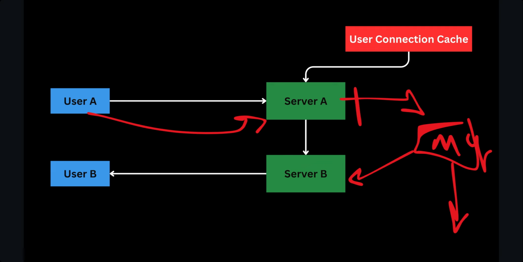If user B is offline, server A will not receive an acknowledgement of delivery, so the message will remain in the sent status for user A until user B reconnects.